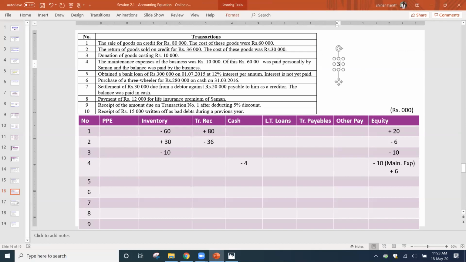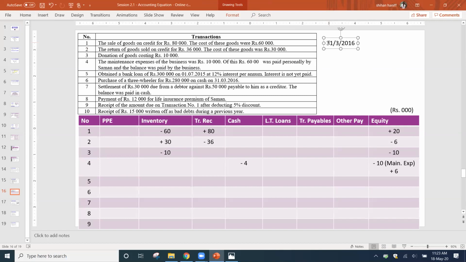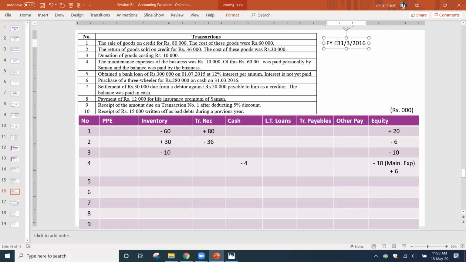Year end is 31st March 2016. Financial year.